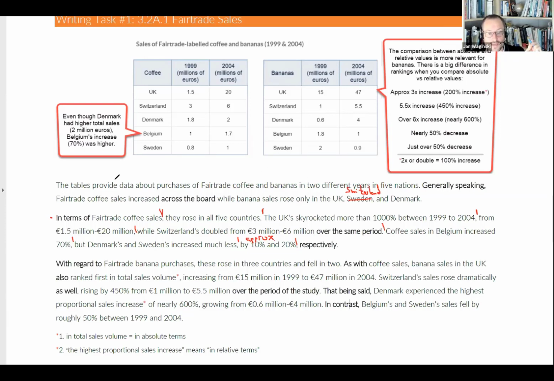No, the tables provide data about purchases of Fairtrade coffee and bananas in 2 different years in 5 nations. Okay. So the whole thing basically is read as one fluent chunk. Yes, I do have small pauses in some spaces like this, but for the most part, the whole thing is read straight through. I'm not pausing in odd places.